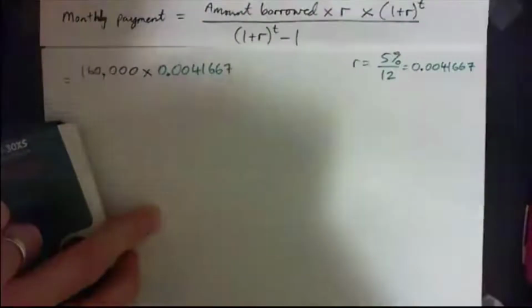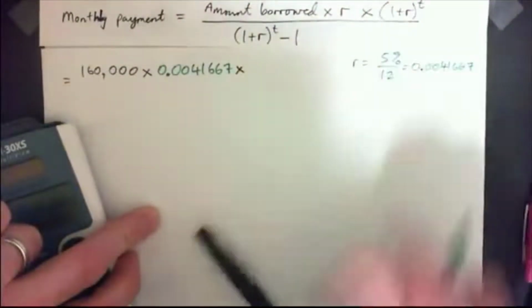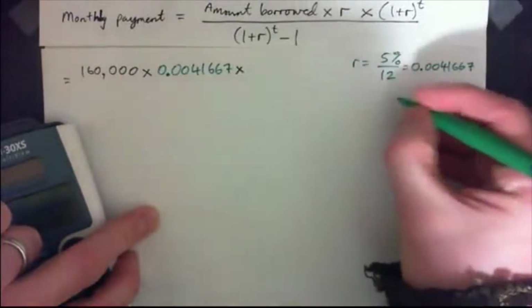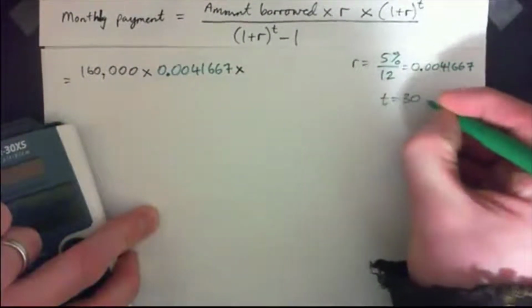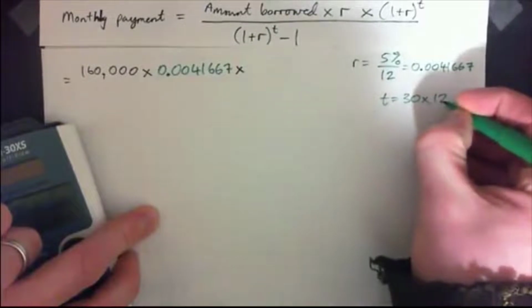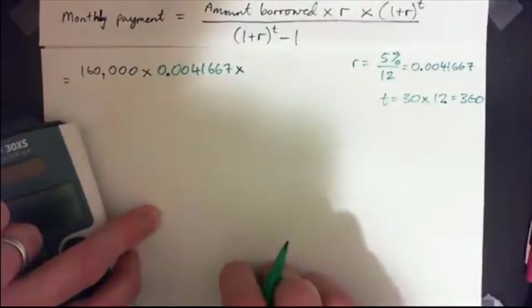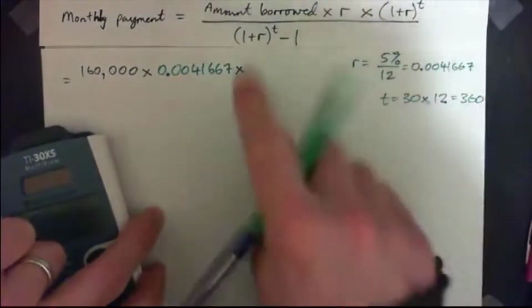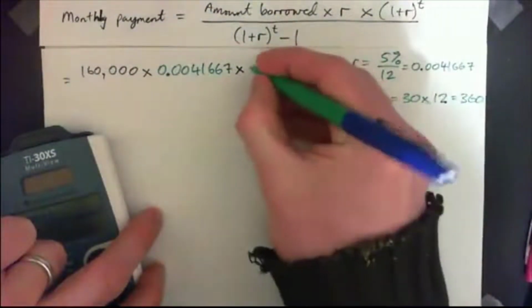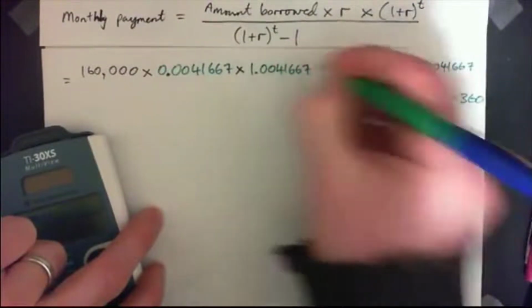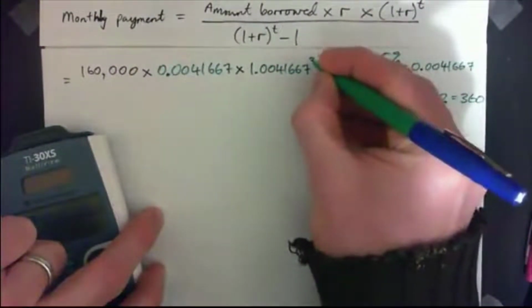Then we multiply by 1 plus R to the power of T. What's T? T is the number of payments, so it's a 30-year mortgage times 12 months. That's 360 months, 360 payments. So it's times 1 plus R, which is 1.0041667 to the power of 360.